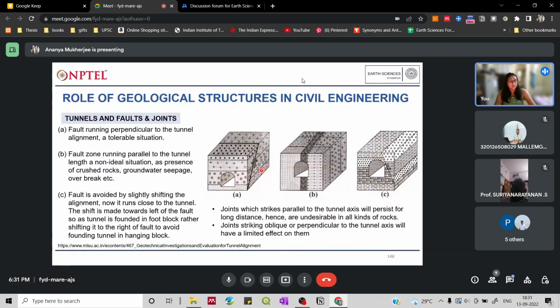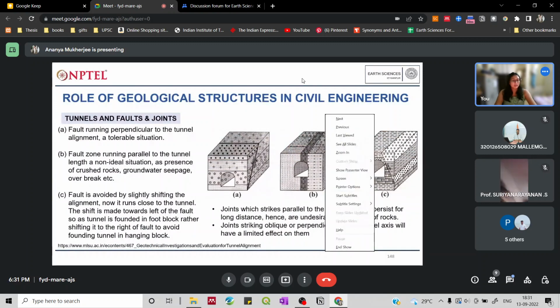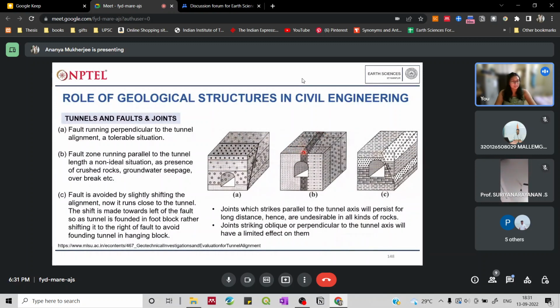But now if you consider case B, and the fault is running parallel to the length of the tunnel, so the entire plane of weakness is along the top of your entire tunnel length. So this is not at all a suitable condition. There would be planes of weakness, there could be movement over here, so it will cause problems.